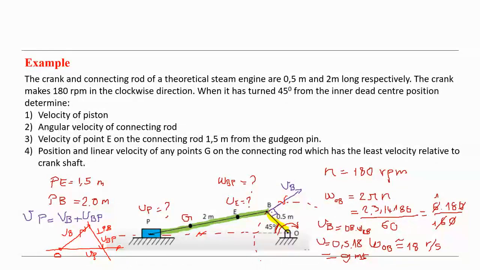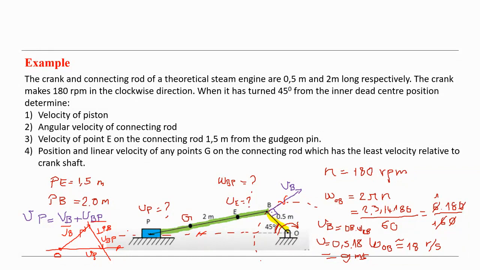So I have the vector polygon here. That means VP is equal... I was interested to calculate the speed of the VP, linear speed or tangential speed. So VP is equal to VB plus VPB, VB plus VBP.